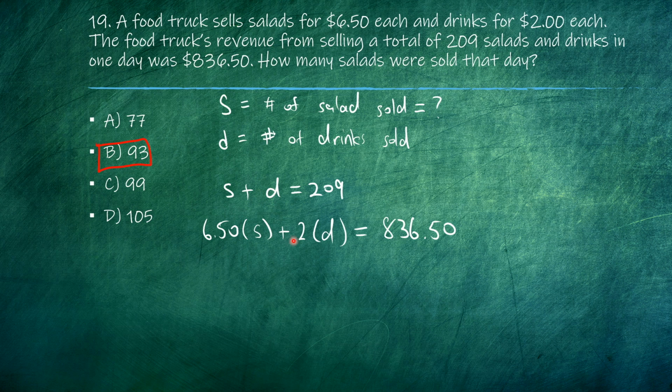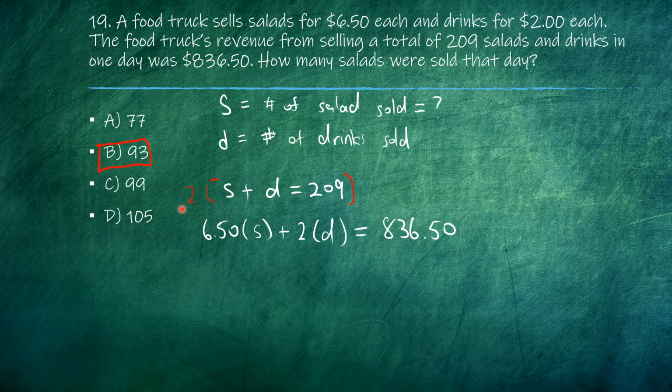So let's find a way to eliminate D. We see that the coefficient in front of D is 2. So to get rid of D, we can either divide the second equation by 2 or just multiply the first equation by 2, so the coefficient is the same. So let's multiply the first equation by 2. Remember, when we do that, we have to distribute the 2.